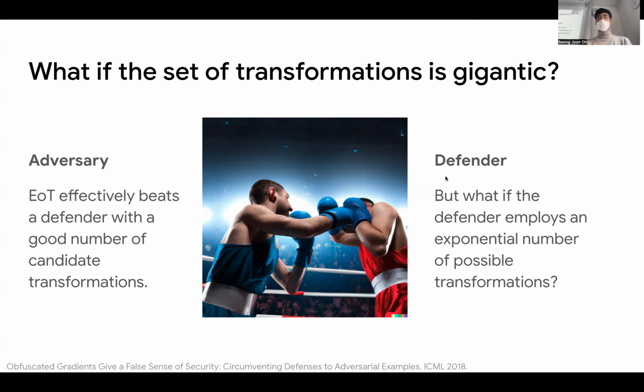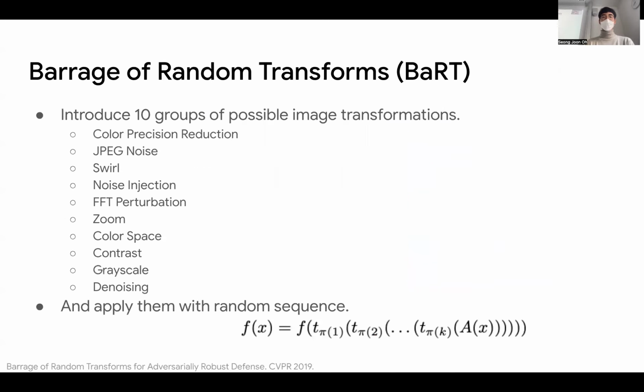But what if the defender came up with even more transformations and did some random picking among, let's say, an exponential number of possibilities? Can the attacker still attack this kind of defender? You can see the loop, right? There's attack and then defense, and it continues.